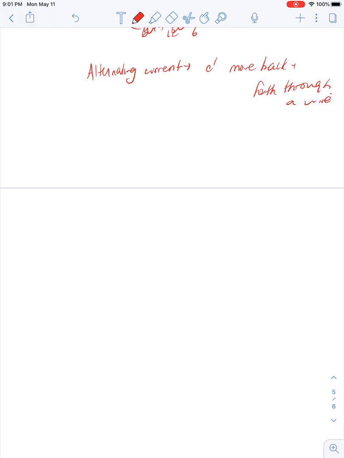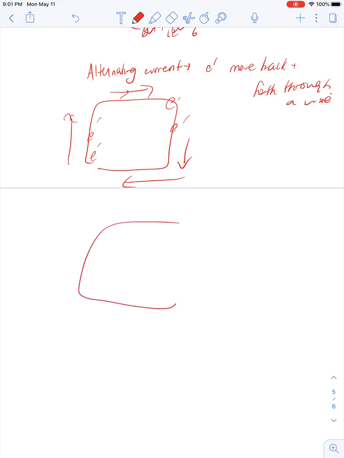So if this is your wire, a direct current will move in one direction the whole way, like this. But if it was an alternating current and the electrons are moving through the wire, they're going to move back and forth, like in a rocking chair, back and forth, back and forth.